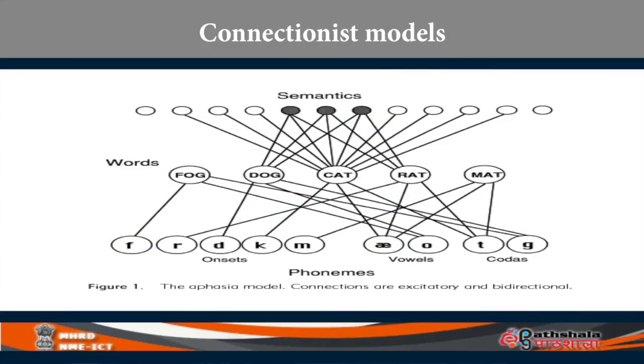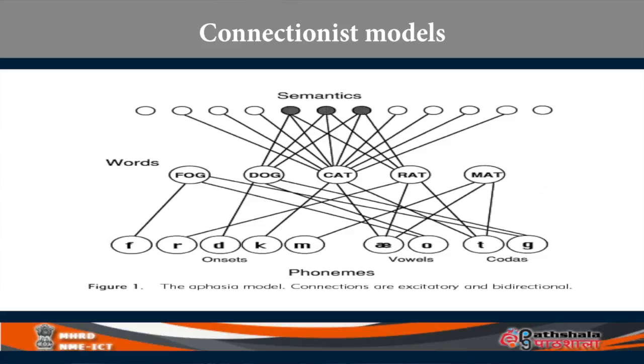This is a typical diagram explaining the problem with word processing in aphasic patients. It deals with representations which can be onsets or codas which make up syllables, or fully meaningful words, or even higher level lexical semantic representations, but they are all interconnected in a very intricate way.